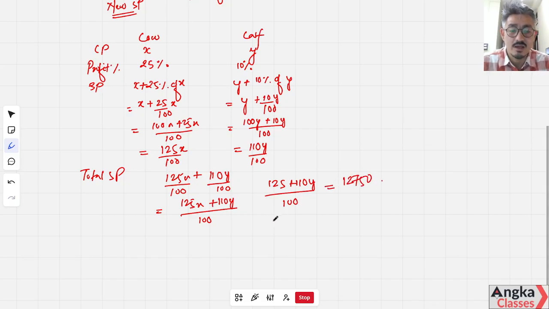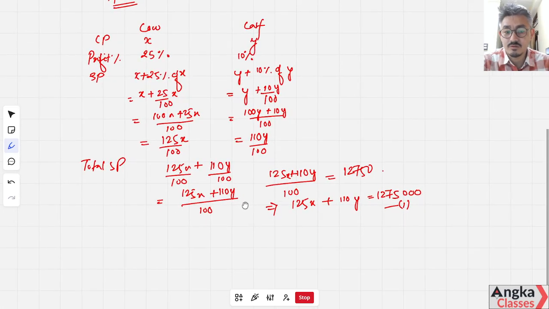So this is 125x plus 110y is equal to 1,275,000. We'll call this equation 1.